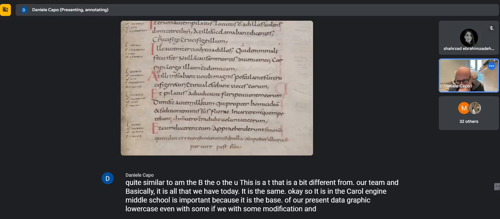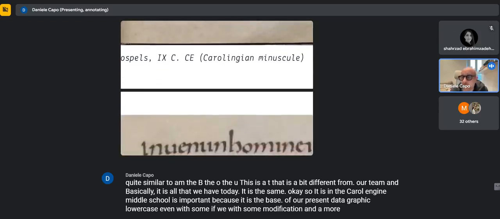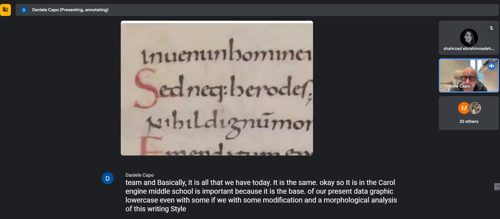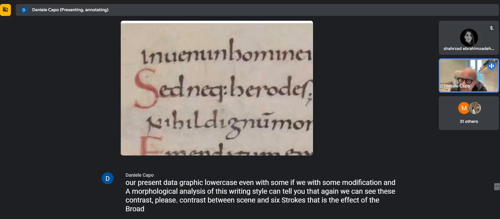A morphological analysis of this writing style can tell you that, again, we can see this contrast between thin and thick strokes, which is the effect of the broad pen, the calamus or the quill pen.